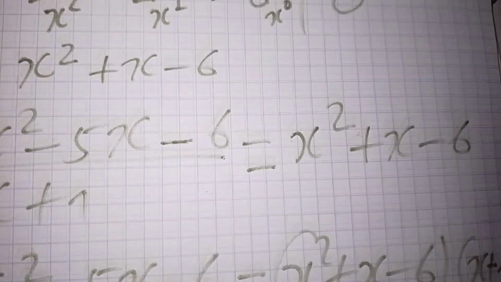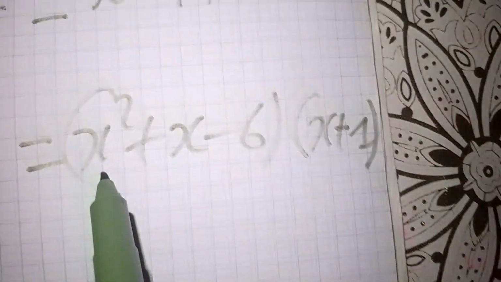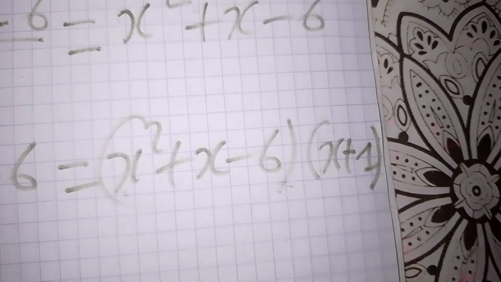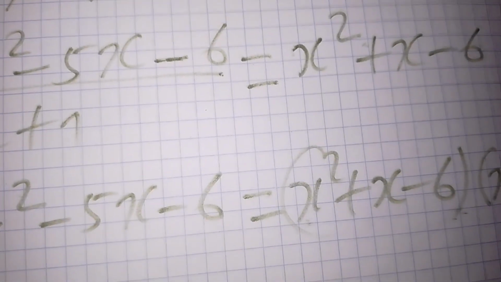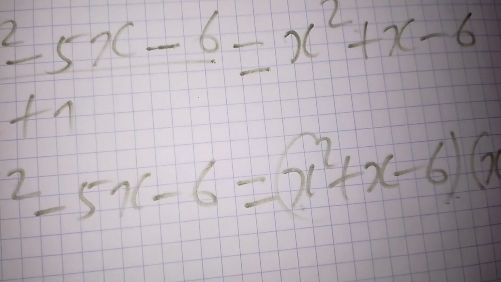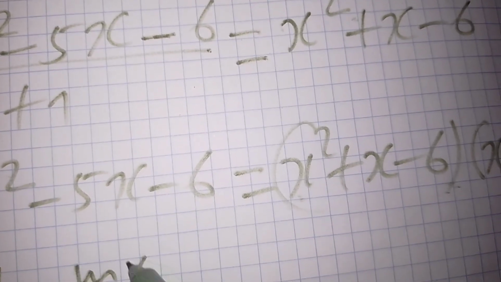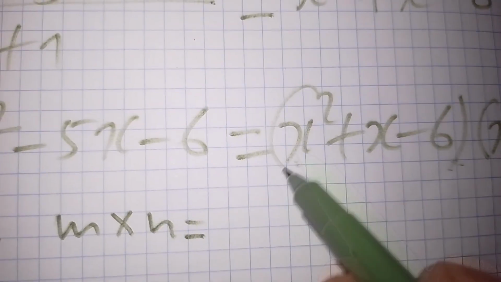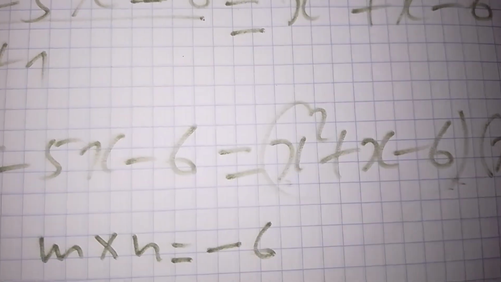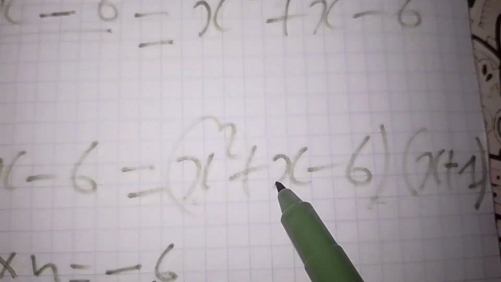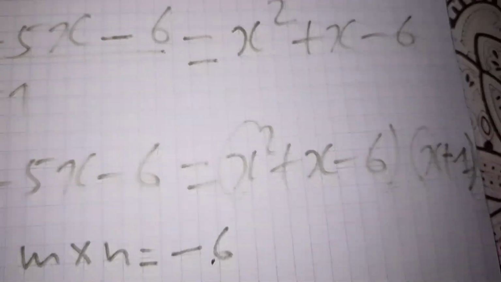Now you see we are going to factorize this using the quadratic expression method. We are going to find two numbers m and n such that when we multiply them we get a times c, equal to minus 6, and when we add them we get b, equal to 1.